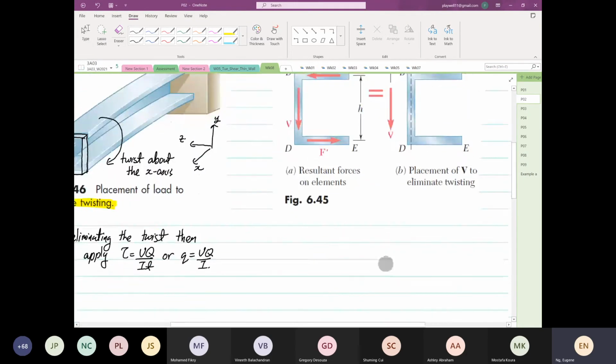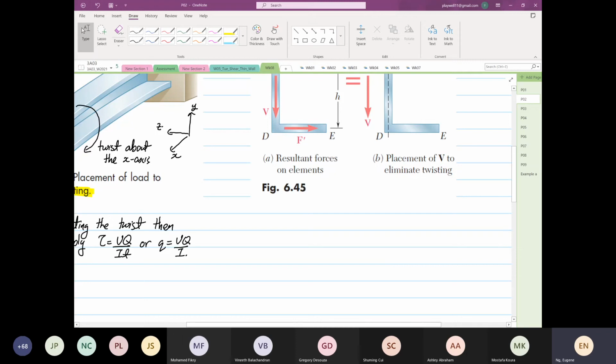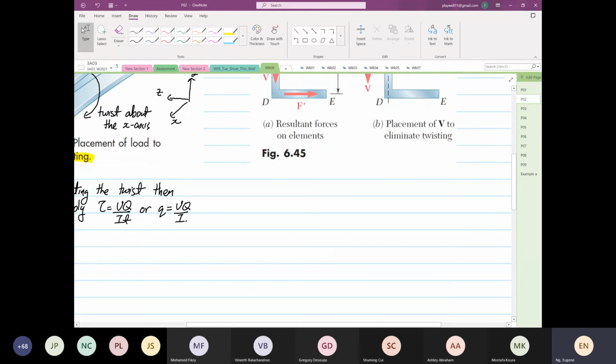So originally, I'm going to draw scenario cases now. Originally, with twisting, right? So this is the original, with twisting.